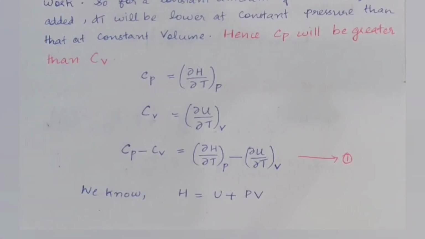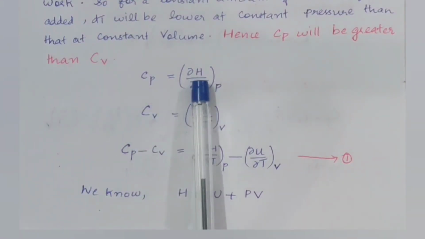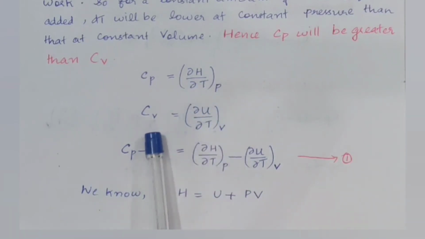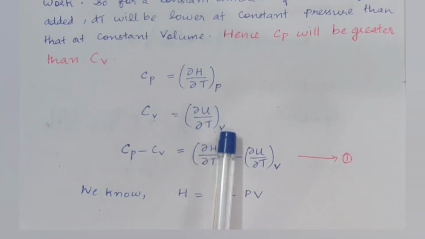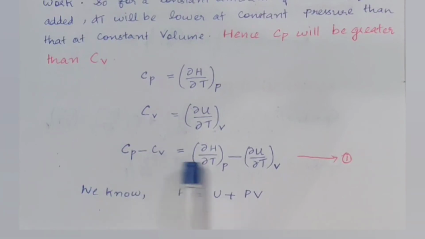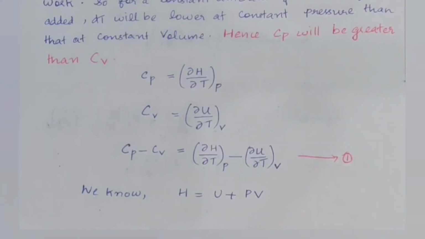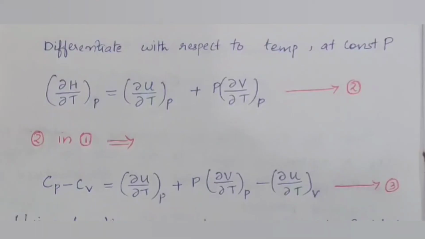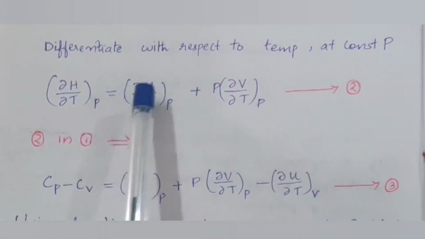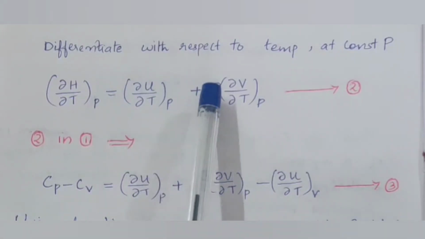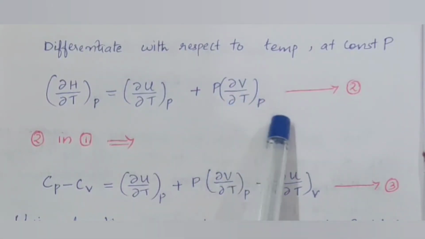Then Cp is equal to (∂H/∂T)_P, Cv is equal to (∂U/∂T)_V, and for Cp minus Cv we are getting this. Then differentiating with respect to temperature at constant pressure, we are getting (∂H/∂T)_P is equal to (∂U/∂T)_P plus P into (∂V/∂T)_P.